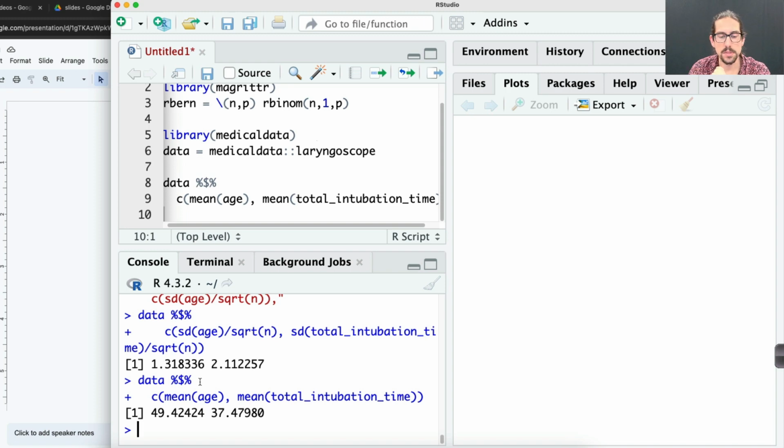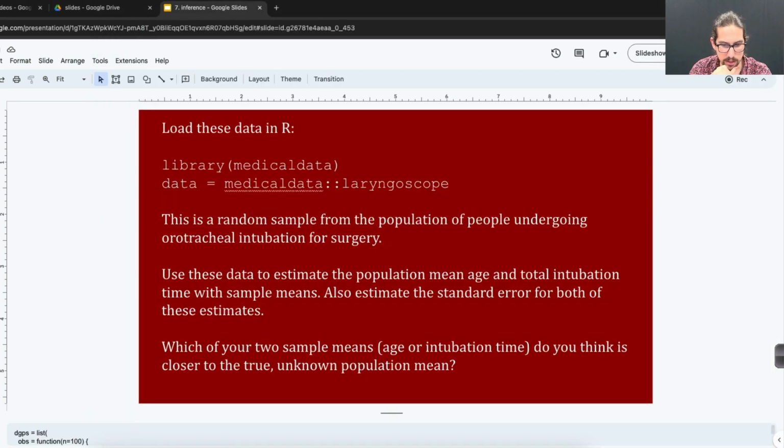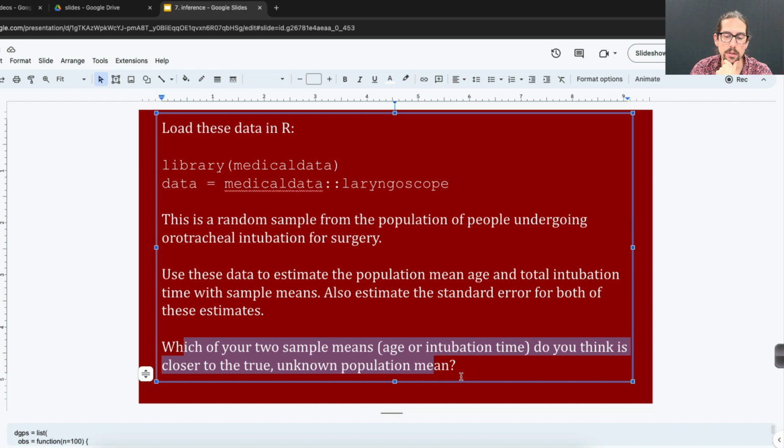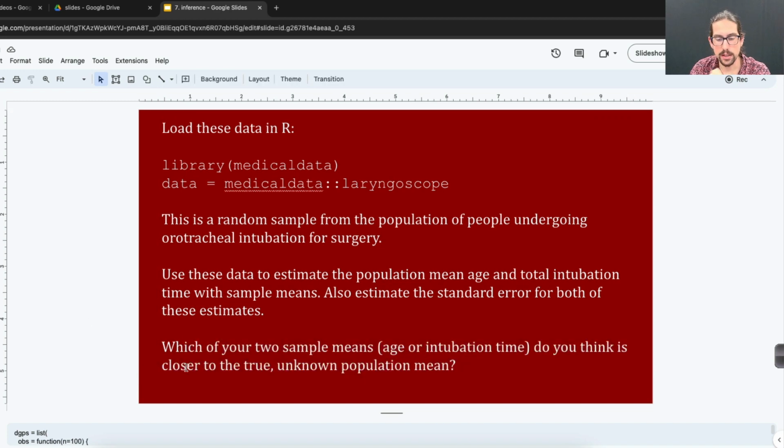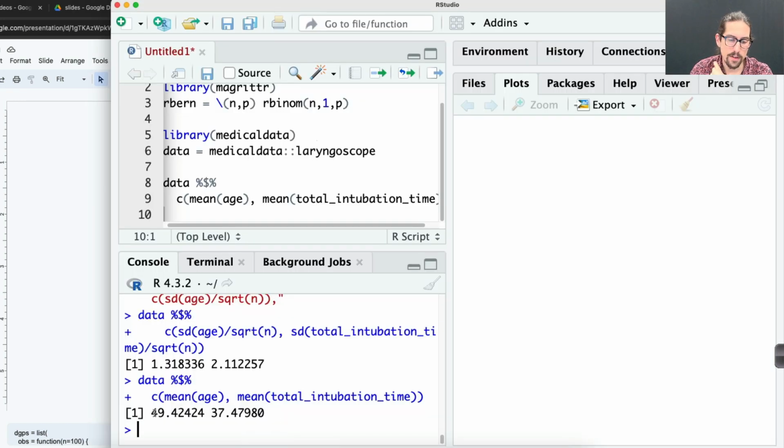Based on that, the question here is, which of the two sample means do you think is closer to the true unknown population mean for that quantity? In other words, I have an estimate of the population age and an estimate of the total intubation time in the population, and based on these numbers, which of these two do you think is a better guess, is closer?